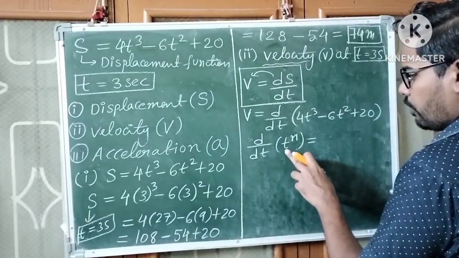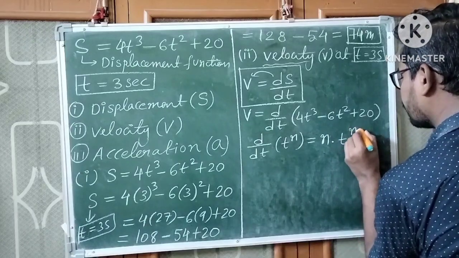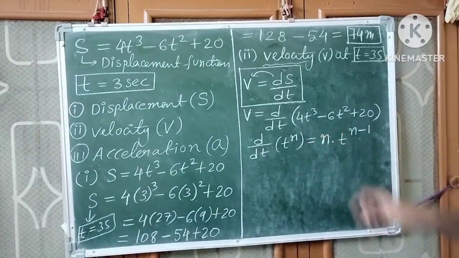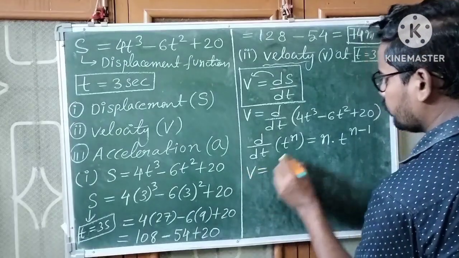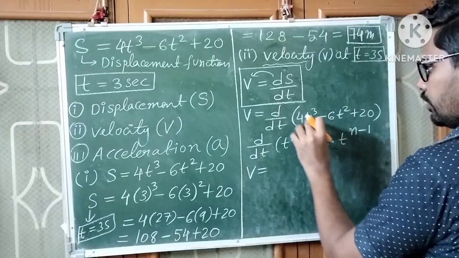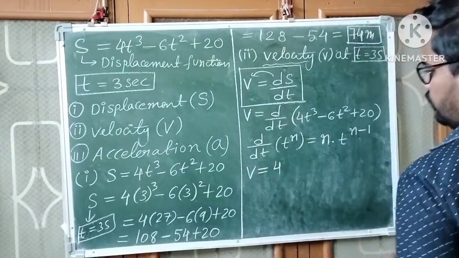In derivatives we have the power formula: d by dt of t power n is n into t power n minus 1. Apply this formula here. So v is equal to 4 into d by dt of t cube, minus 6 into d by dt of t square, plus d by dt of 20. Here 4 is constant and t is variable, so take out the constant from the derivative.